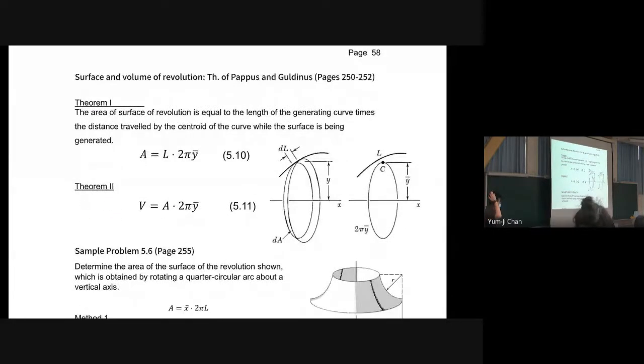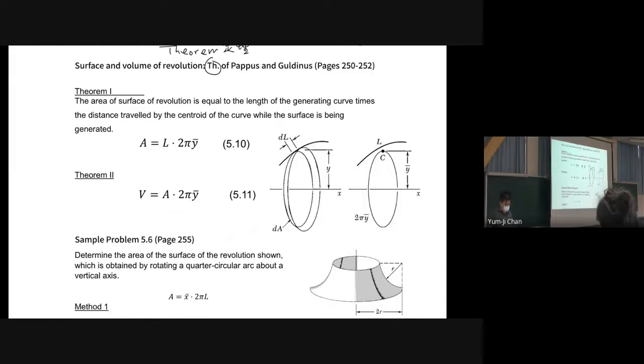Now we have two theorems, the theorem of Pappus and Guldinus. We have two parts of the same theorem.